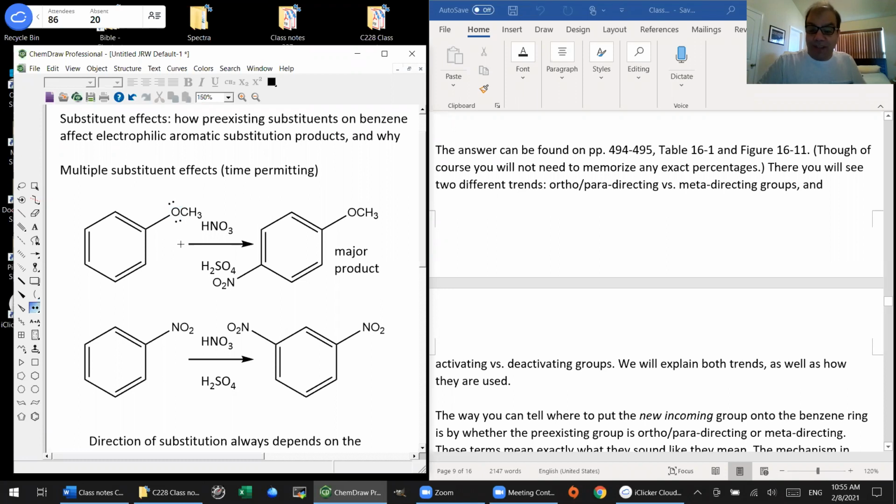So they're not electron donating in that sense. But compared to a hydrogen, like let's say we had CH3, methyl or ethyl or isopropyl, there's a lot more electrons around that alkyl group than there are around a hydrogen. So I don't think anyone would be surprised that alkyl groups are electron donating.